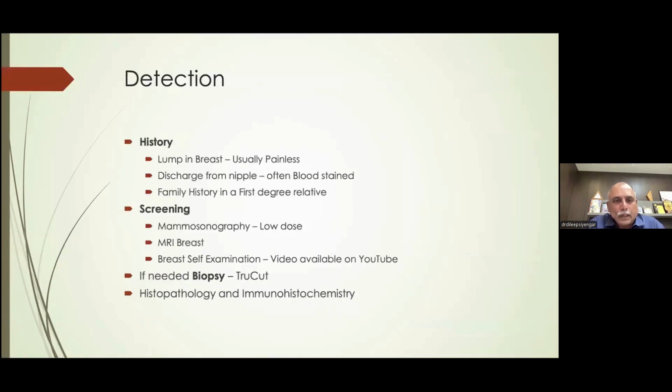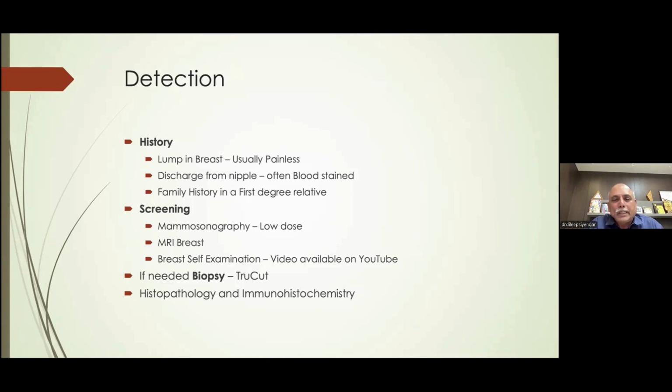First we look at how to detect breast cancer. Detection starts with history. You usually have a painless lump. This is the problem most of the time. Patients expect that they should have pain, or some redness, or some fever. But unfortunately, there is usually no pain.